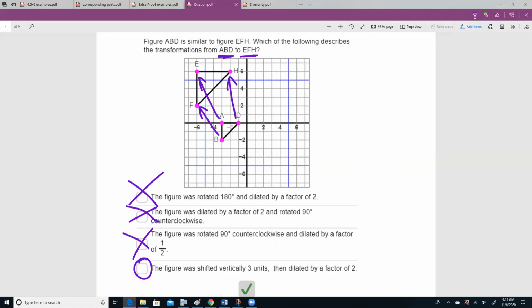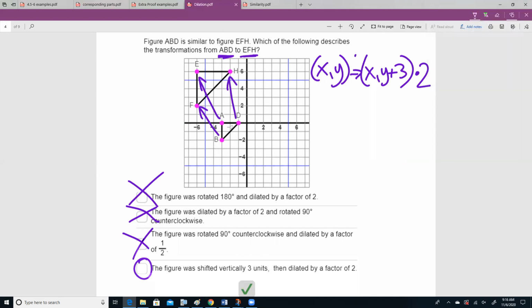Let's go ahead and do the work and make sure that it's that guy. So it says the figure was shifted vertically 3 units. Okay, so if it went 3 units, then x, y would become x, y plus 3. And then it's dilated by a factor of 2, which means we would multiply by 2.